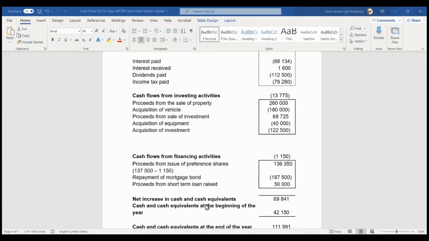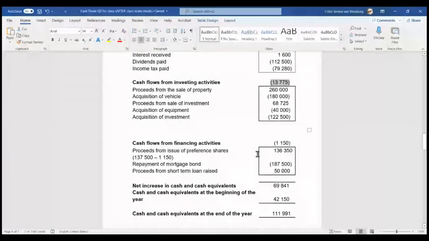Not the final balance at the end of the year. Luyanda, that's the one I'm looking for. It does provide us with a final balance at the end of the year, but we are now looking for movements during the course of the year. So that will be our statement of changes in equity, as Luyanda said there. Thank you.